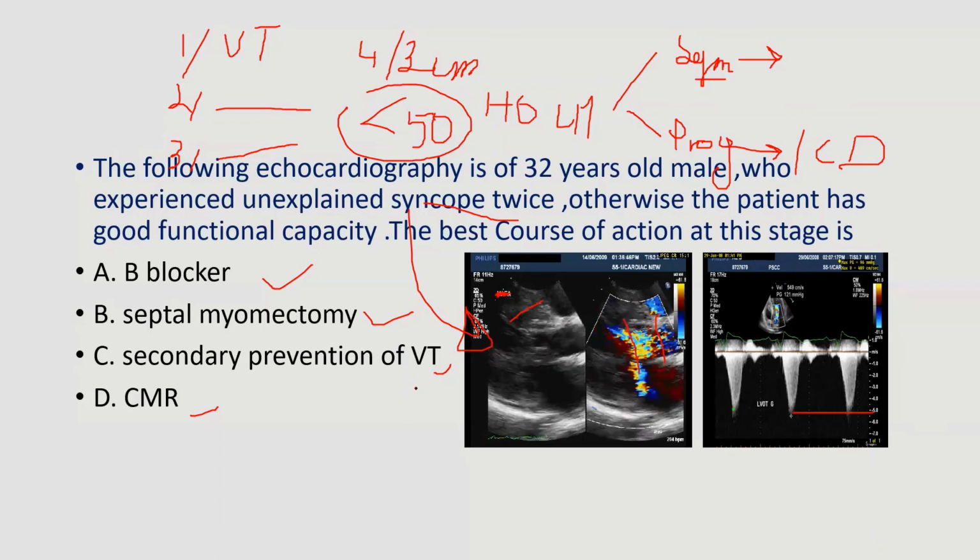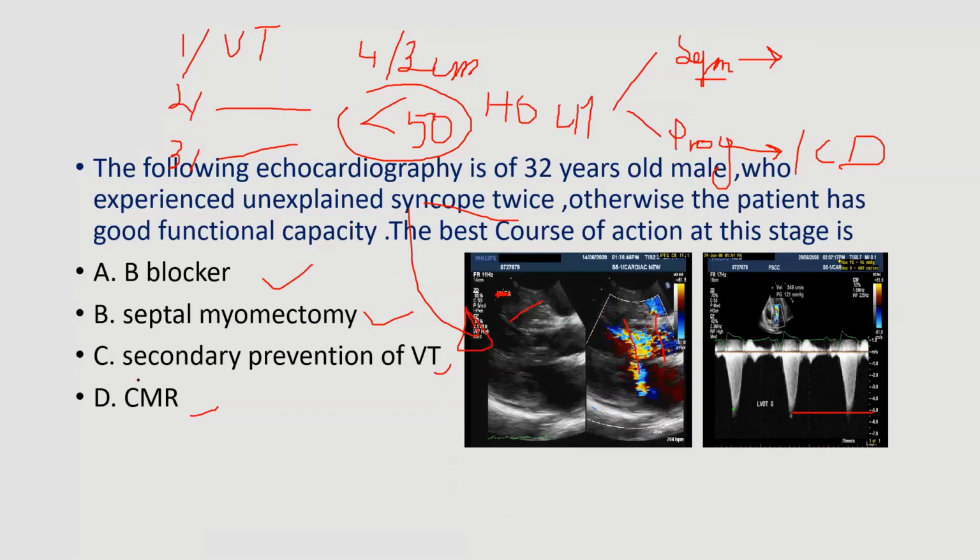Why is there an apical aneurysm? When there is obstruction in the LVOT or in the mid cavity, that sometimes leads to a pulsion aneurysm. Pulsion, you know the Zenker diverticulum of the esophagus, it's a sort of pulsion aneurysm because of pressure. When the pressure is high in the mid cavity or the LVOT, the apex might bulge out. So apical aneurysm is prognostic.